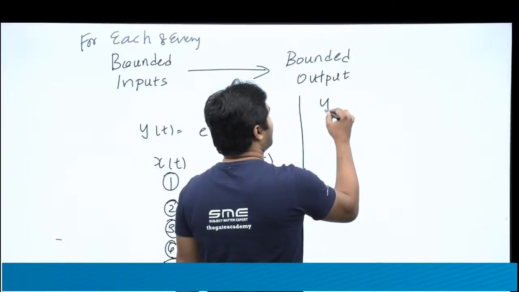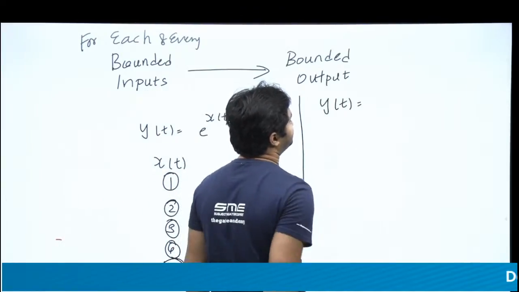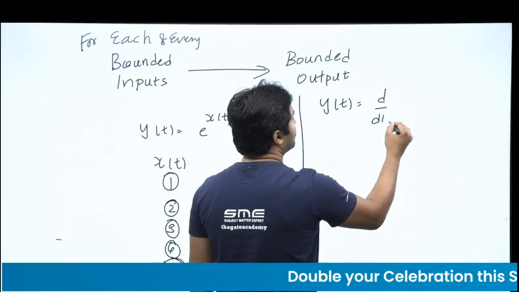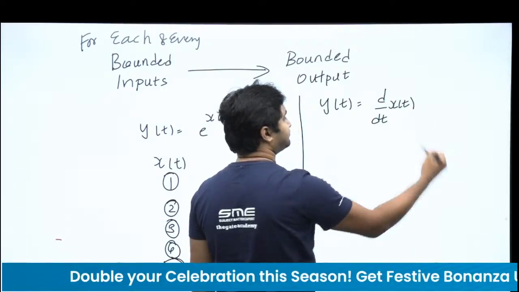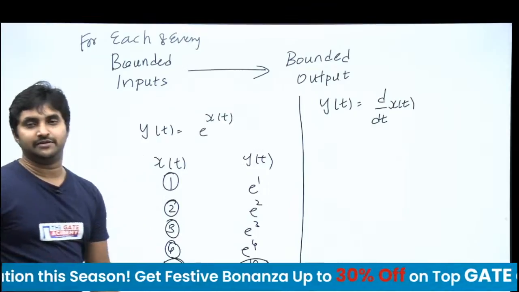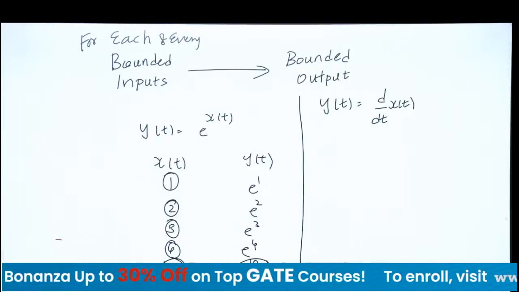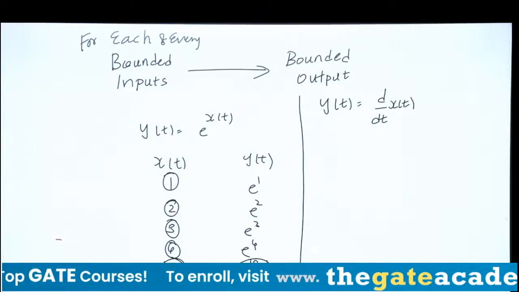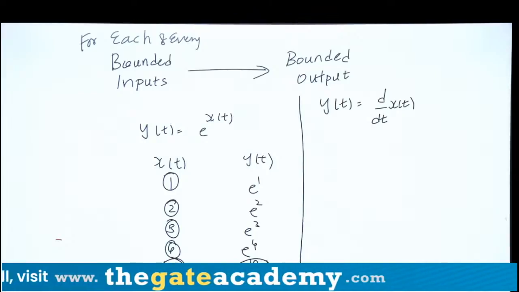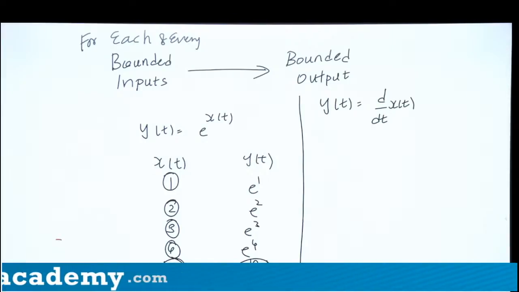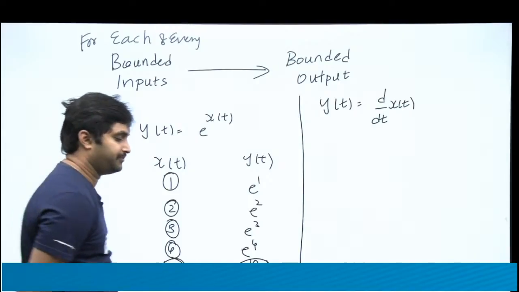Let me say y of t is equal to d by dt of x of t. Can anyone tell me whether the system is a stable system or not? Y of t is equal to d by dt of x of t.